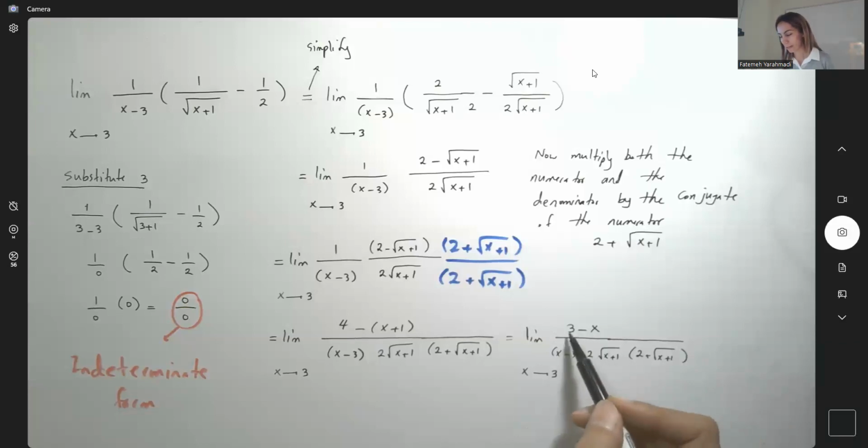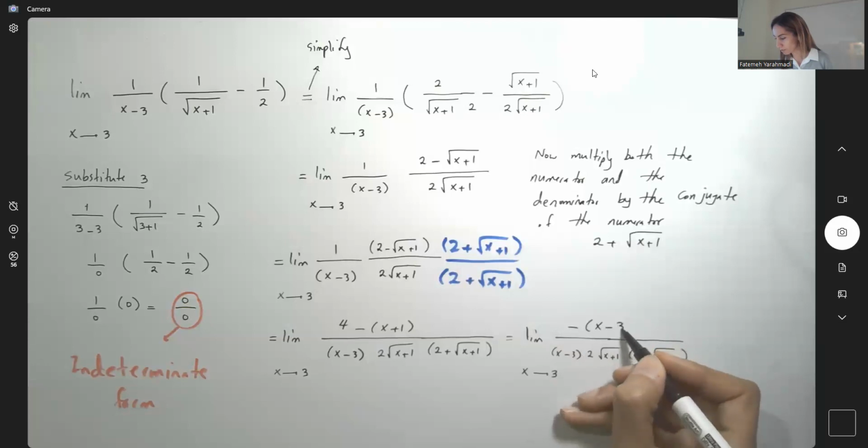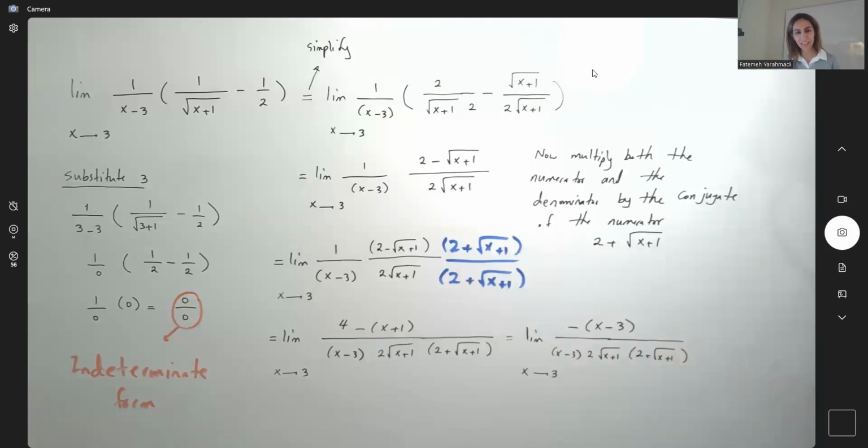Well, here if you factor out a negative sign, you end up with negative x minus 3. And you can easily cancel out the common factors. And then easily substitute 3, and you're going to have the limit of negative 1 divided by 2 times square root of x plus 1, 2 plus square root of x plus 1, as x goes to 3.